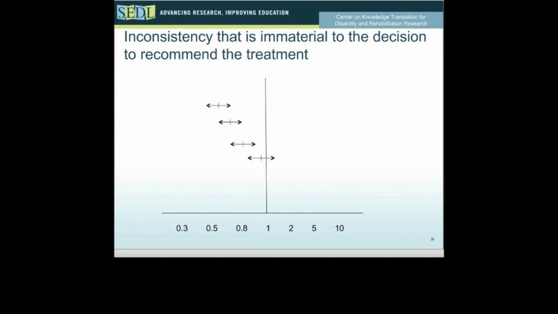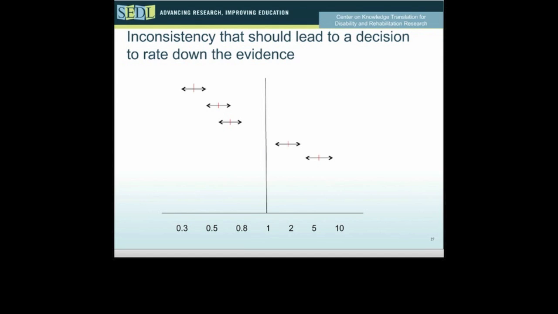Here we pretty much would say, well, all these studies point in the same direction. As opposed to this example where there are 5 studies, 2 of them are negative, 3 of them are positive, and there is quite some non-overlap between studies. The confidence intervals don't overlap. What is going on here? Why are these studies so inconsistent? We should rate down the quality of the evidence as long as we don't know.